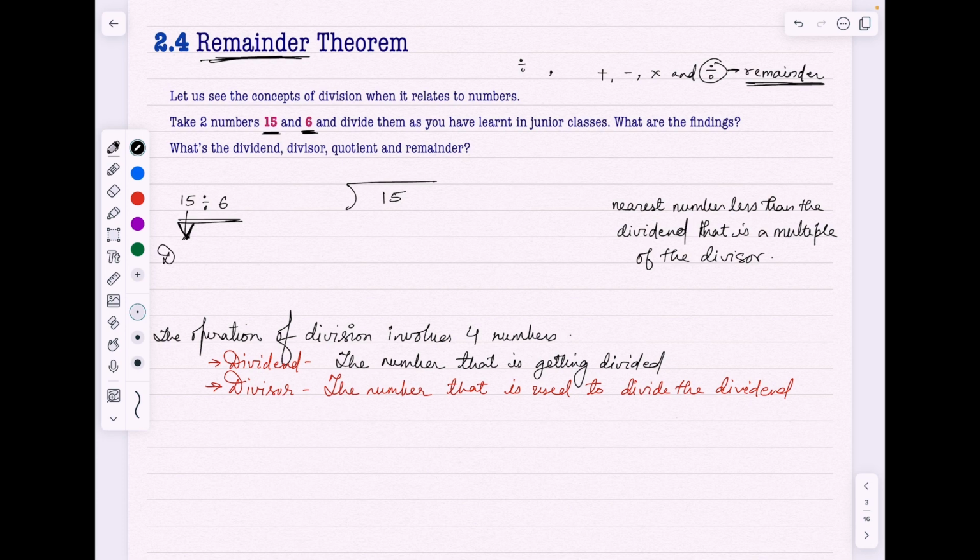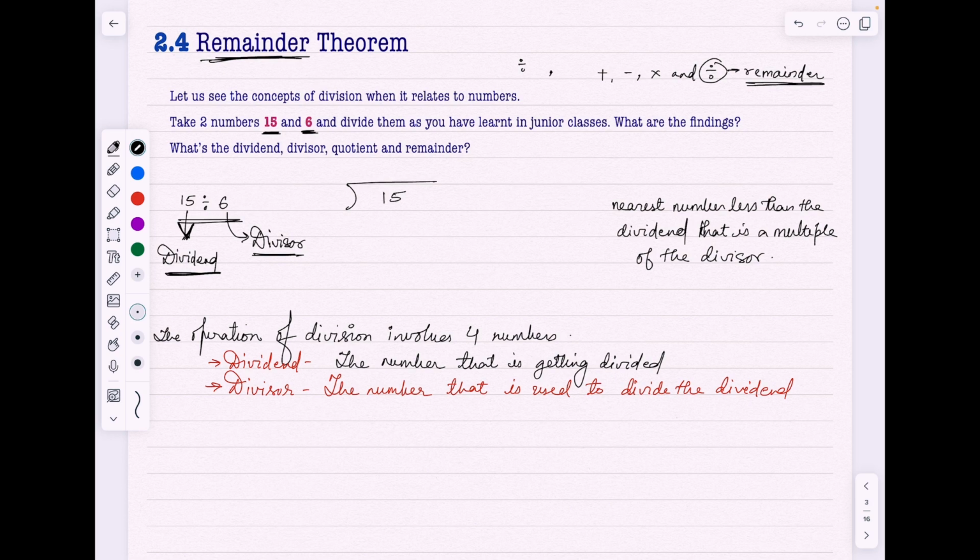So 15 is the dividend. And the number that divides the dividend is the divisor. Here 6 is dividing the 15, so 6 is the divisor.